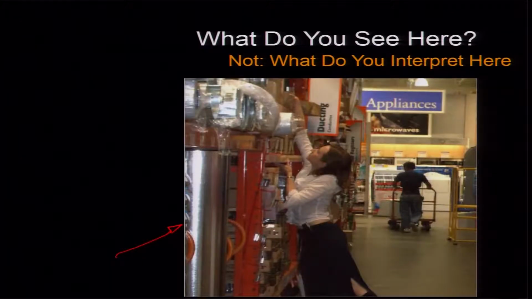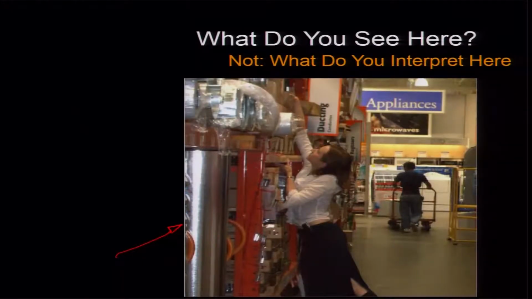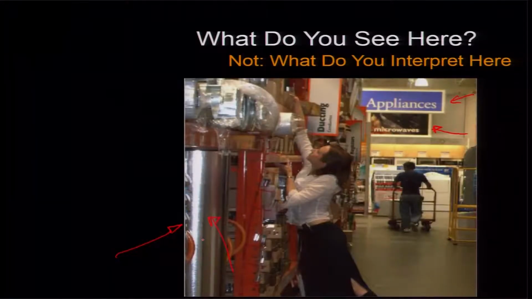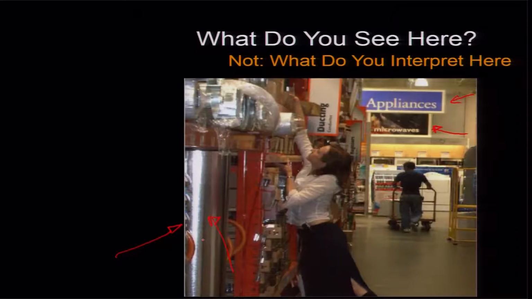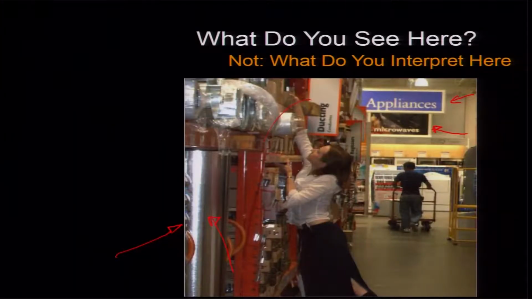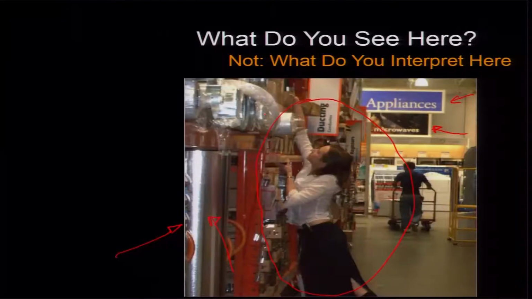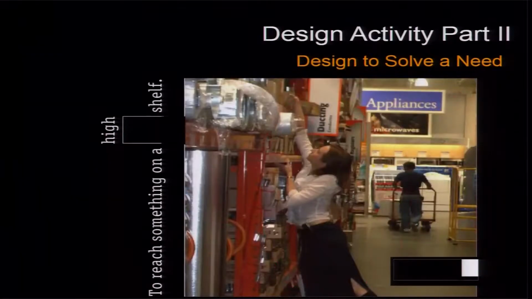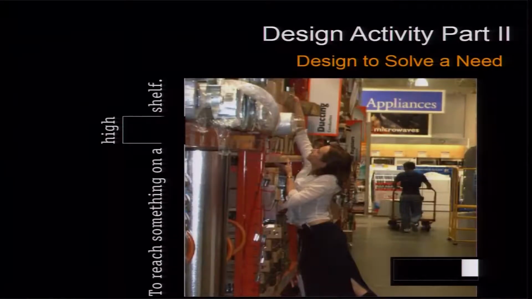Some of you may think that this is probably a warehouse where various products are kept. You could read appliances here, you could read microwaves, you could actually see these folded sheets of steel or plastic, whatever are kept. But then the need that you interpret here is basically a requirement for something which would reach on a high shelf.